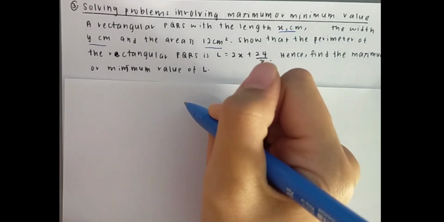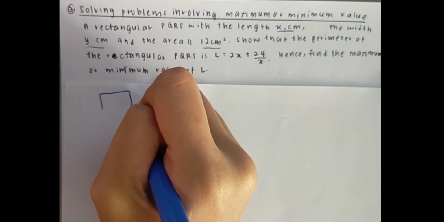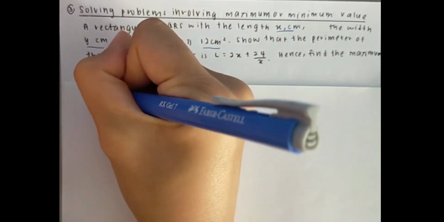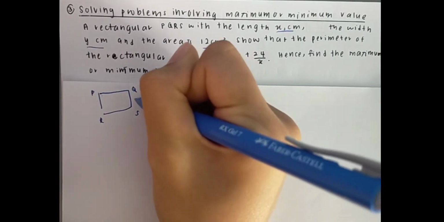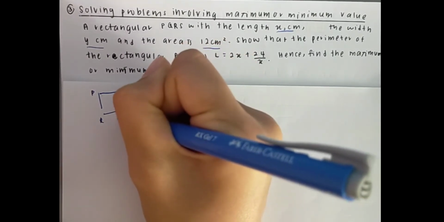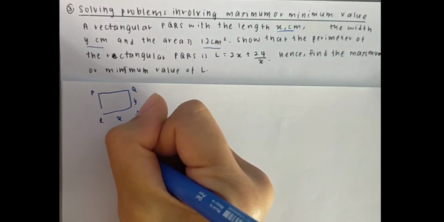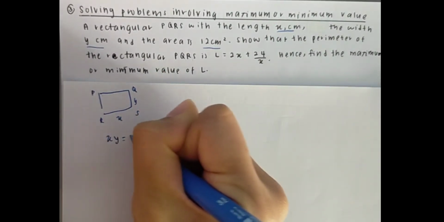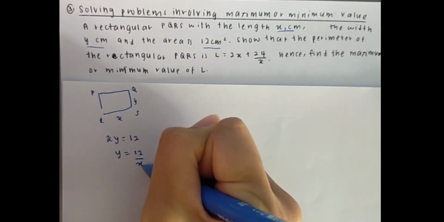So first, it is provided that the rectangle PQRS has a width of y and a length of x, and we know that the area is 12, so xy equals 12, and hence y equals 12 over x.